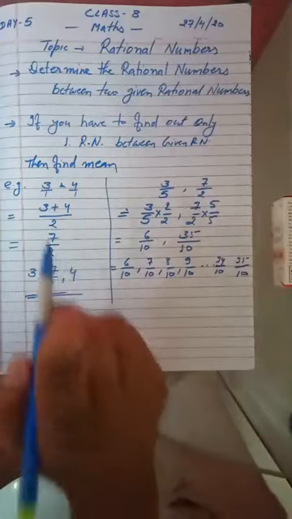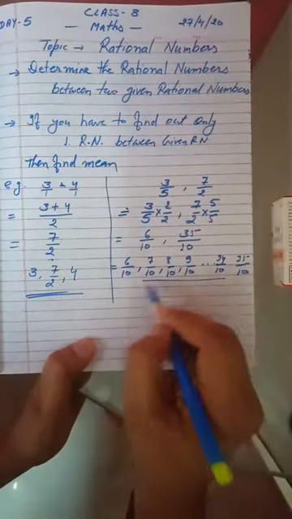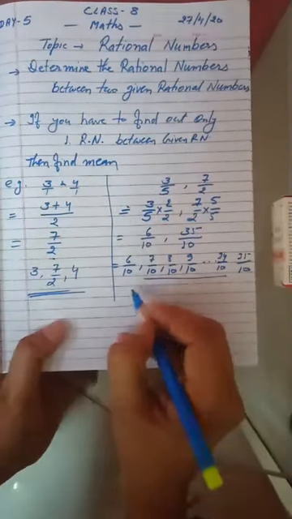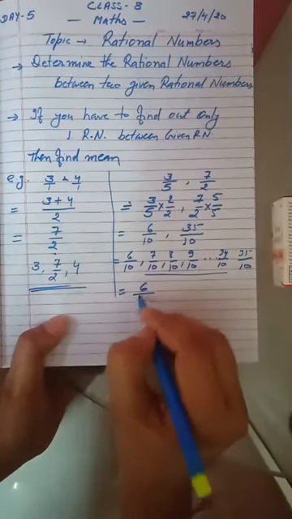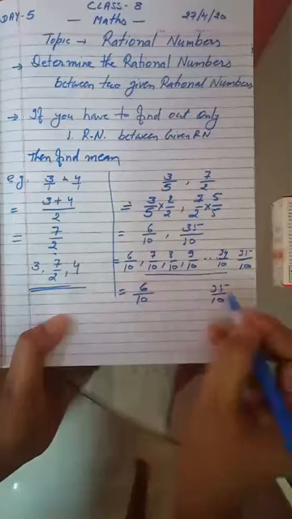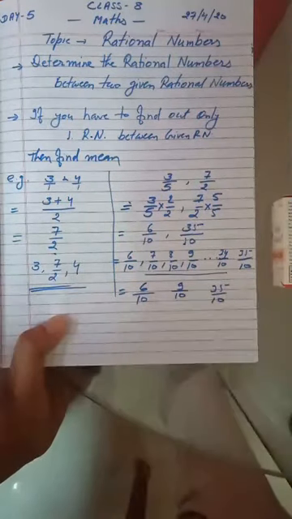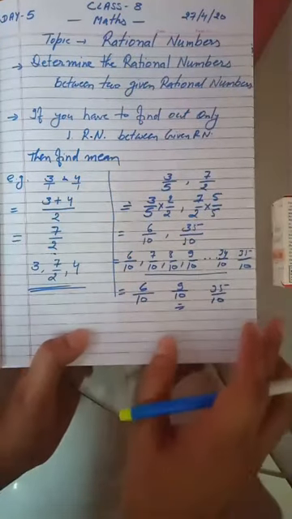You have to find only one number, but there are so many numbers, so you can write any number from this series. You can take any number between 6 and 35, like 9 upon 10, between these two numbers. This is the rational number between them.